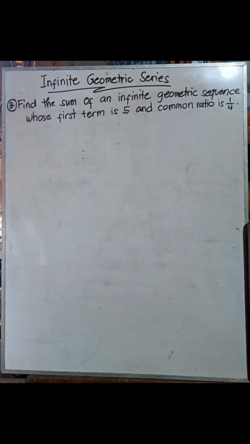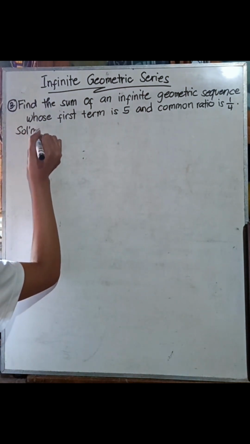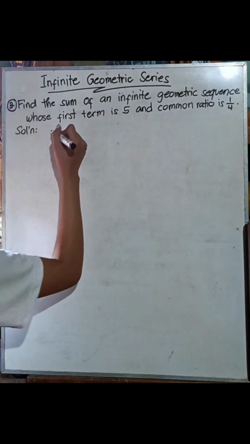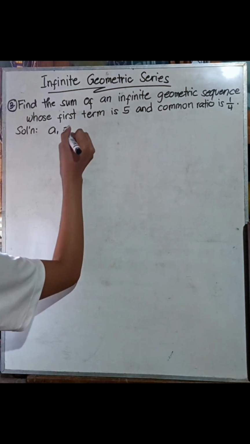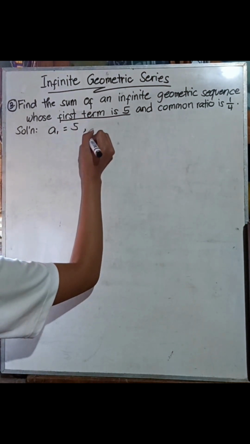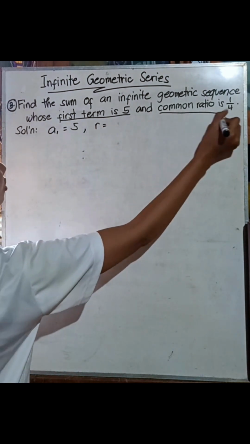So the question is, find the sum of an infinite geometric sequence whose first term is 5 and common ratio is 1/4. Let's try to solve this. First, let us write the given. A sub 1 is equals to 5. Okay, the first term is 5. Our R, the common ratio, is equals to 1/4.